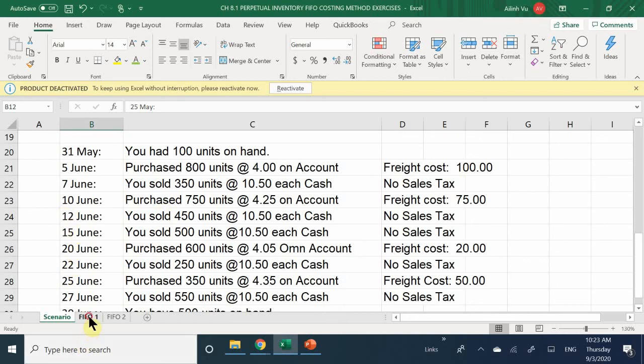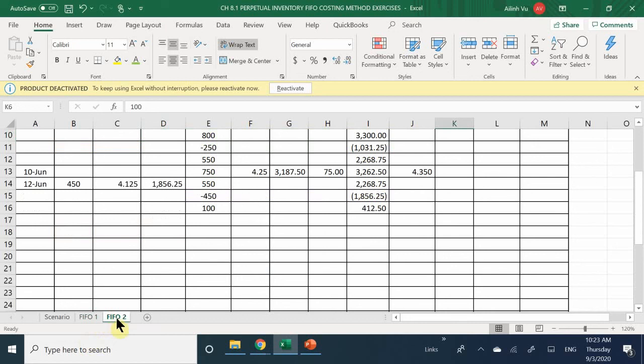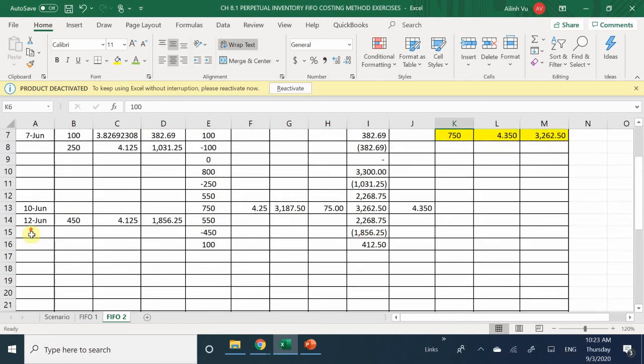So what happened here? We sold 500. Good. Now let's go to our inventory worksheet. This was on June 15. Where are we going to put these 500 items? We had to split it, 100 and 450. Yes, we have to split it.